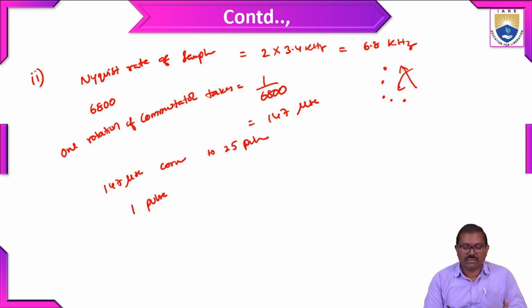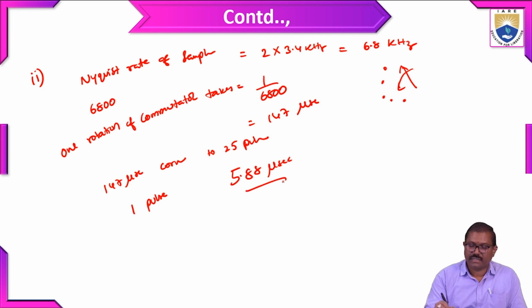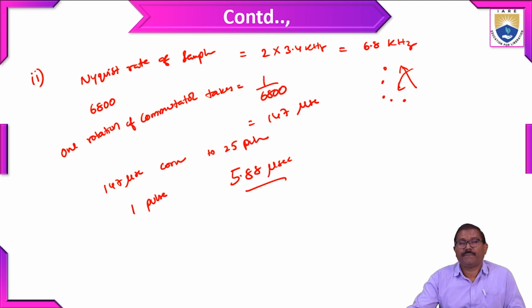Nothing but 147 by 25, and you are getting 5.88 microseconds. So this is 5.88 microseconds for one pulse. Okay. So this is the end of the second bit.